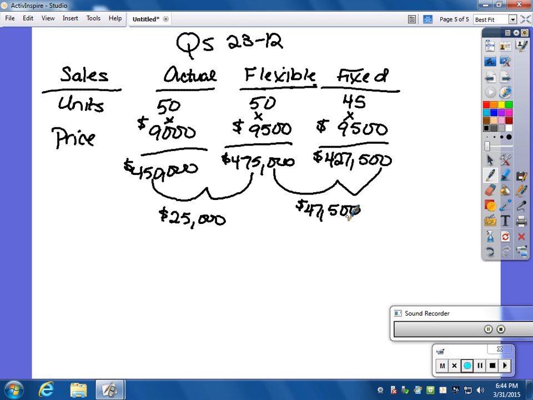Okay, I hear one person say unfavorable. What do the rest of you say? And then I hear favorable. So which one is it? What's the rule?